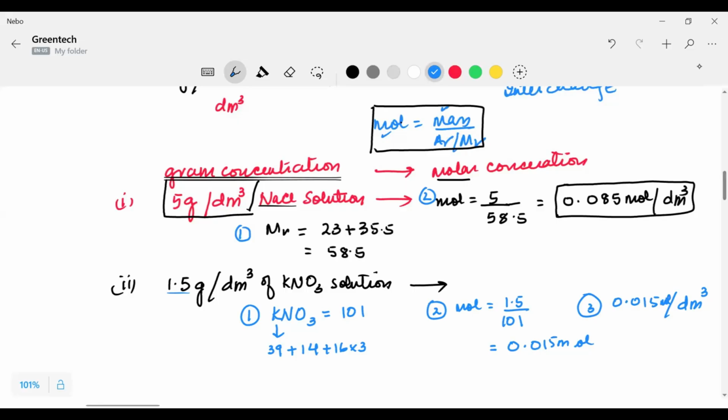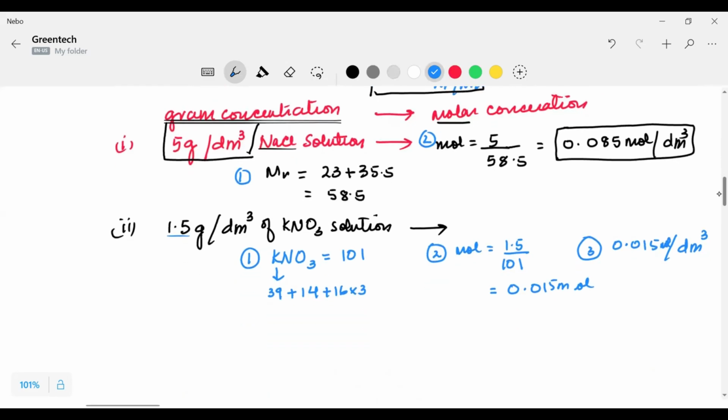So that is going to be my molar concentration, right? So you know how to convert the gram concentration into molar concentration. Okay, now let's reverse it. We have now the molar concentration and we are going to convert it into the gram concentration. Now I'm going to do the first question for you.